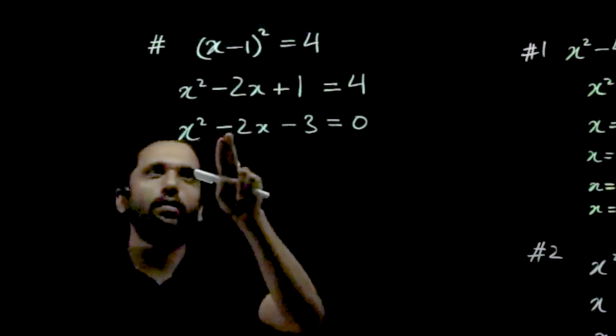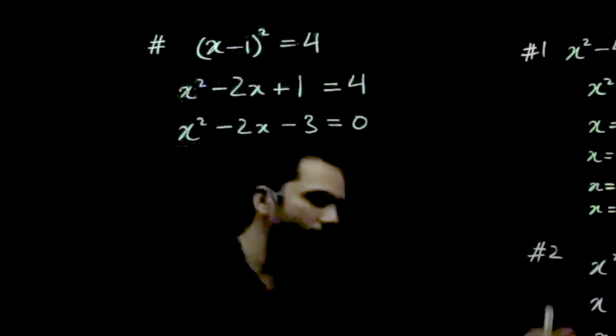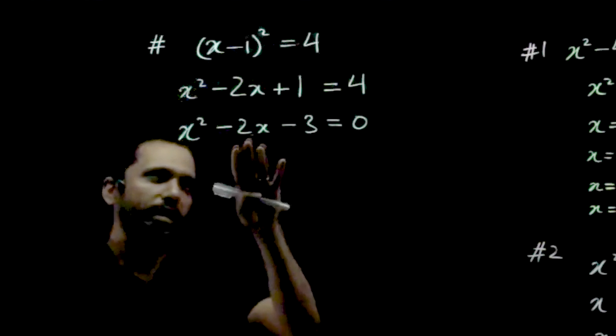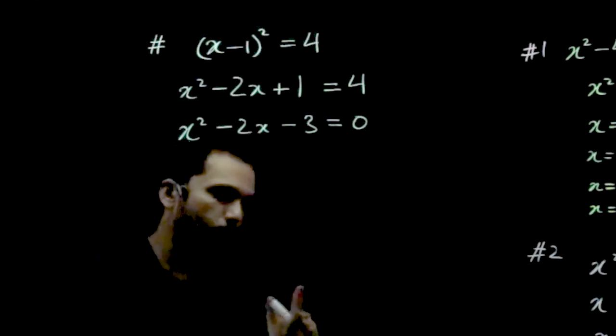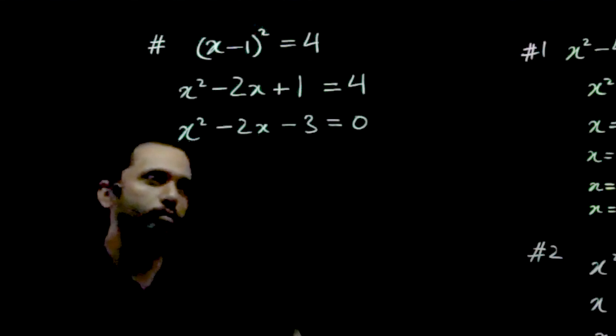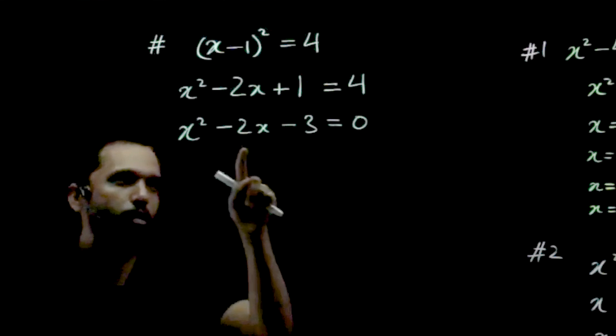You would not have gone on to do this step and then that step. You would have rather thought of splitting the middle term, and luckily in this case we will be able to split the middle term. As I've told you before, if you are going to get rational numbers as your roots, you'll always be able to split the middle term. So you can rest assured that here you'll be able to split the middle term.